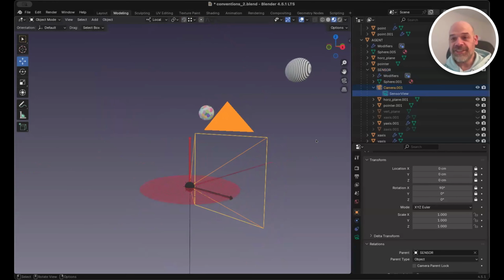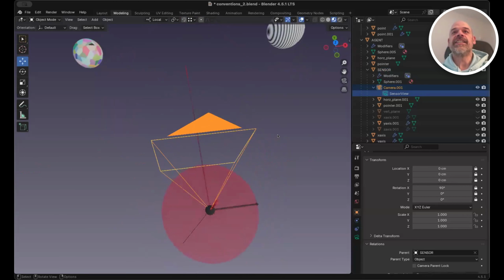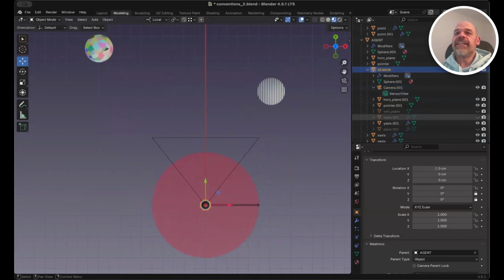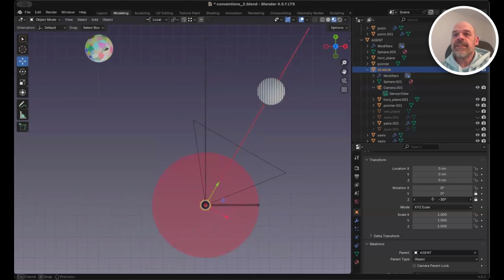I'm going to determine what our yaw angle ought to be to get to that one first. I'm going to go into this top-down view, and in lieu of doing trigonometry, I'm just going to grab my sensor and see how much it would have to yaw to get to that. Okay, seems like about 30 degrees.